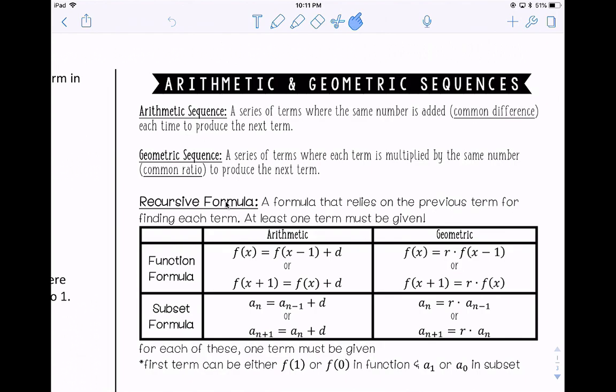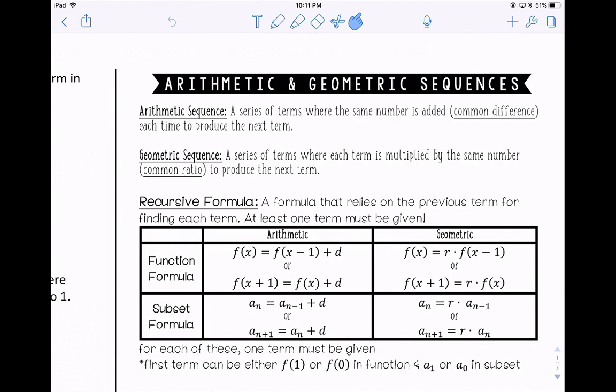All right, a geometric sequence is a series of terms where each term is multiplied by the same number over and over again to get the next term. A geometric sequence, like an arithmetic sequence, can either get bigger or decrease. Either way, we're still multiplying. If you multiply by numbers larger than 1, obviously the sequence is going to be getting bigger.